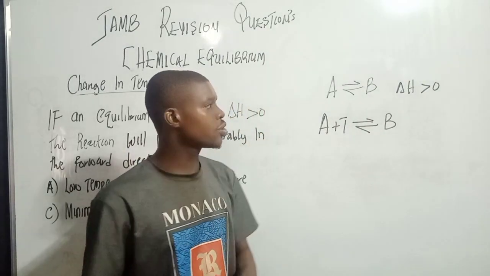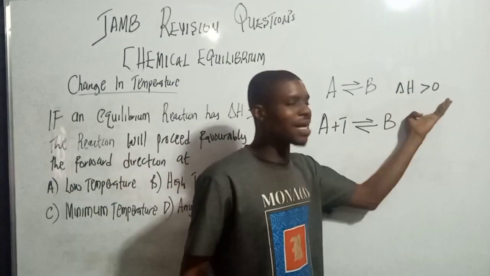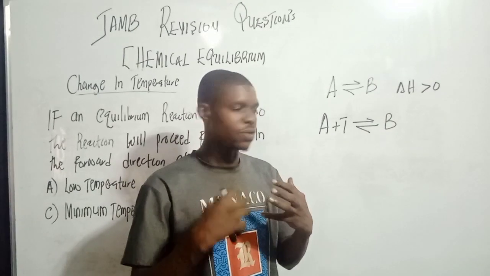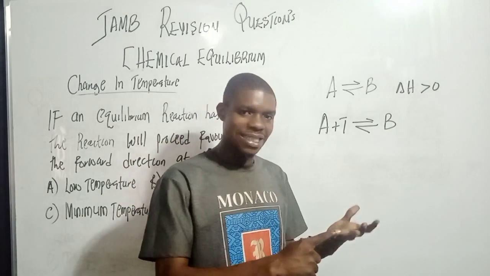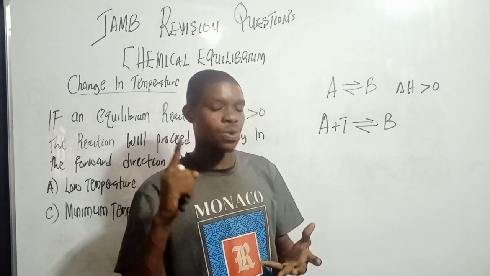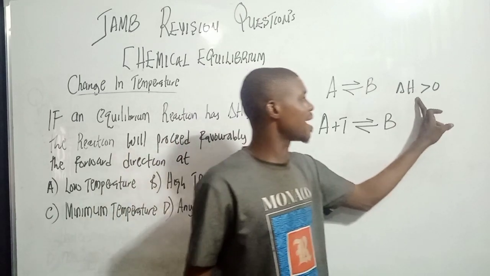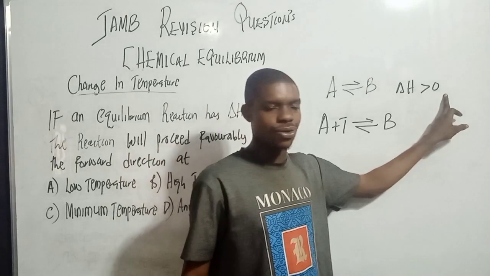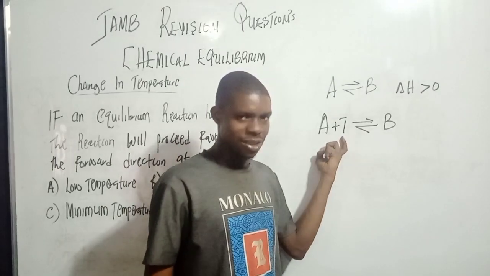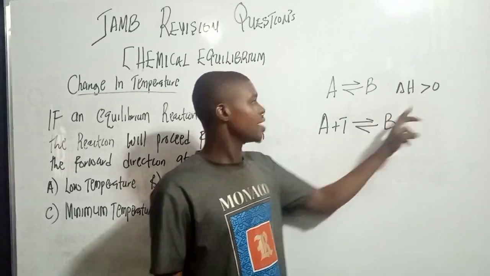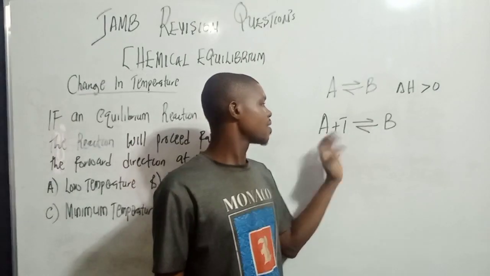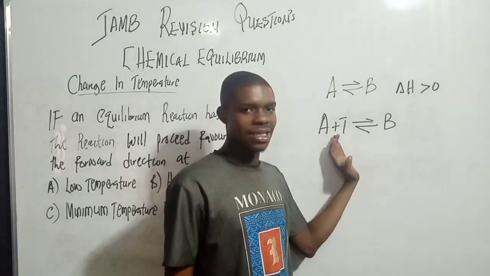The only way you understand is when you understand when heat is treated as a reactant and when it is treated as a product. Because delta H is greater than zero, it is positive, so it will be treated as a reactant.